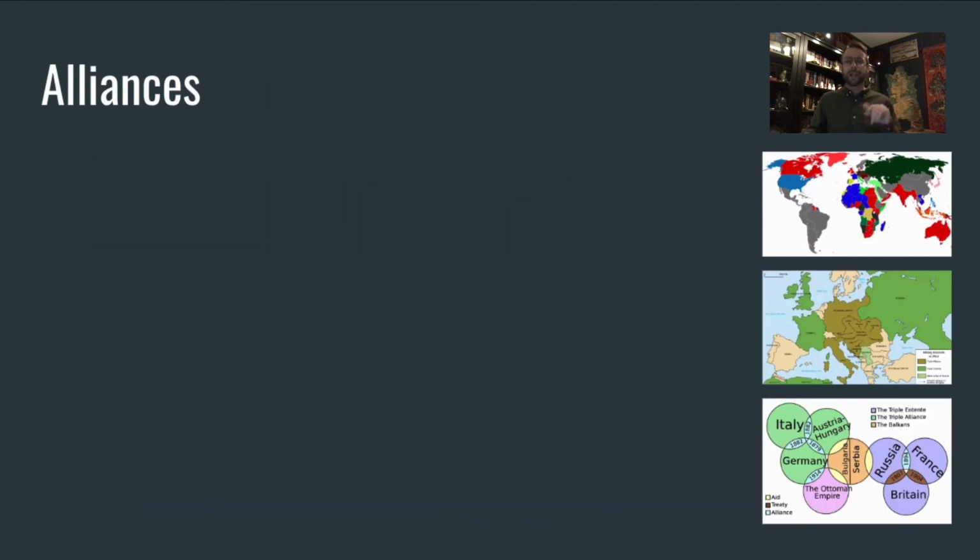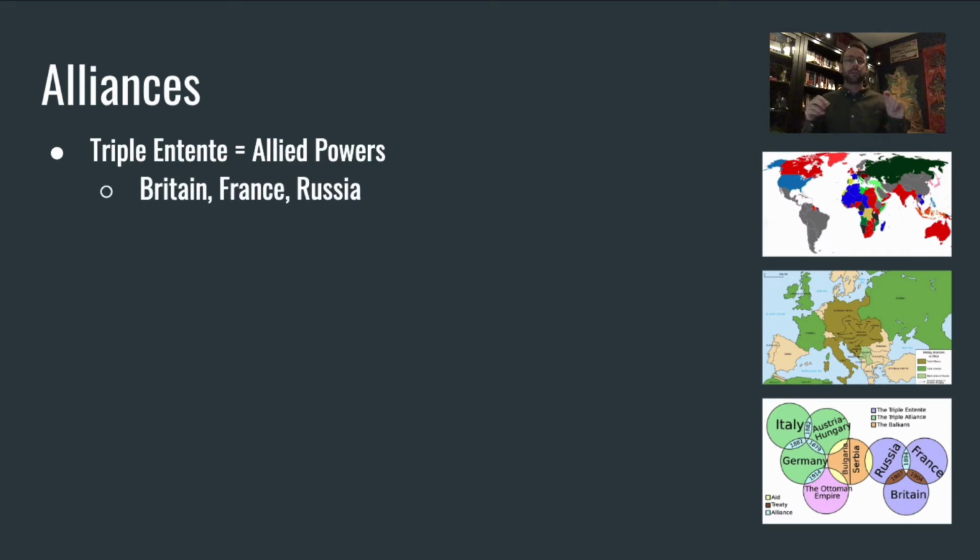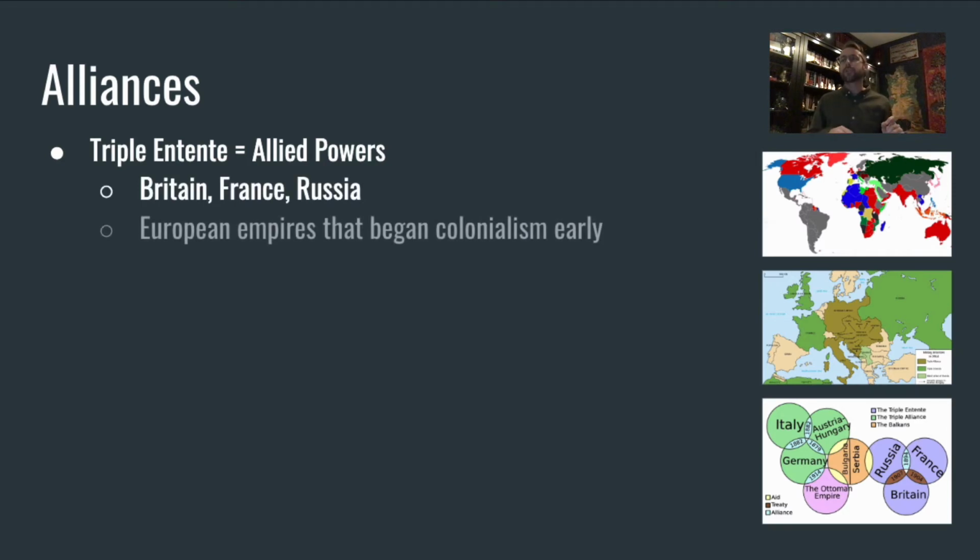So what were those alliances that I mentioned in number 4 right there? In the war itself, we're going to get one group that's called the Triple Entente. They're also known, once the war actually starts, as the Allied powers, and that involved Britain, France, and Russia. Now, essentially, these were European empires that began colonialism early. Britain and France used to have a lot of control of large areas of land in the Americas.